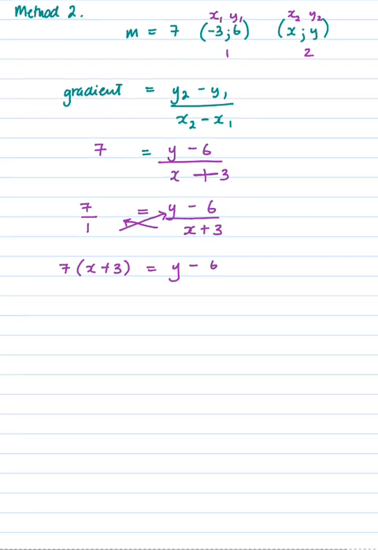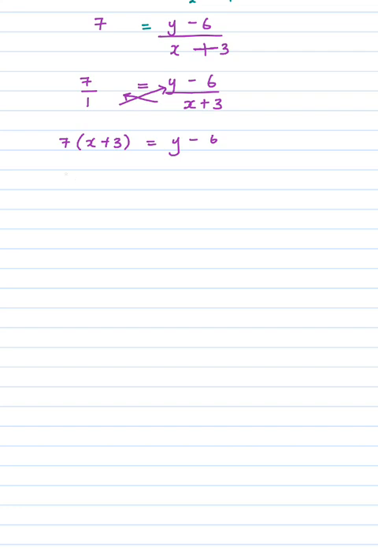Then we simplify: 7 times x is 7x, plus 7 by 3 is plus 21, is equal to y minus 6. So that y remains alone, we take minus 6 to the other side, which gives 7x plus 21 plus 6 is equal to y.